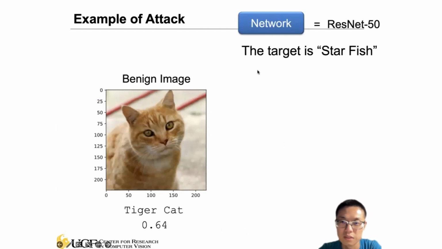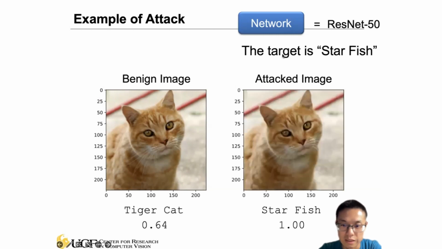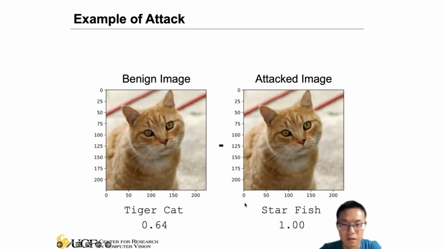So if we consider this the targeted attack, and the target we want the network to output is a starfish, and hopefully the classifier confidence will be like 100%, then this can be a very successful attack. So this network will give you like 100% confidence that this is a starfish label. Let's say this is the attack image, and it will make the network misclassify this as starfish.